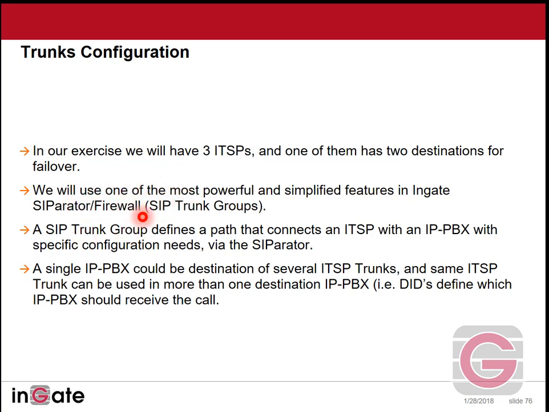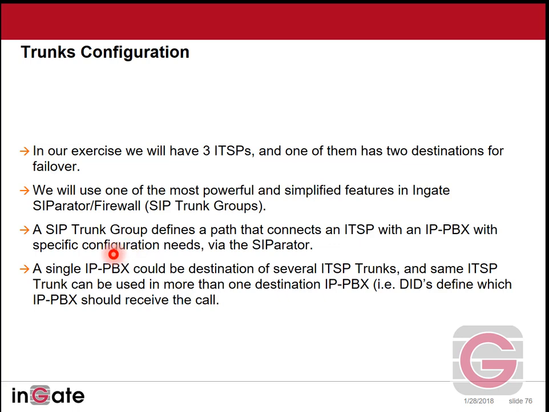And the section that we are going to show is what we call the SIP trunk groups. It's one of the most powerful and easy to configure sections. It simplifies a lot whatever is needed to route calls between the PBX and the service providers.